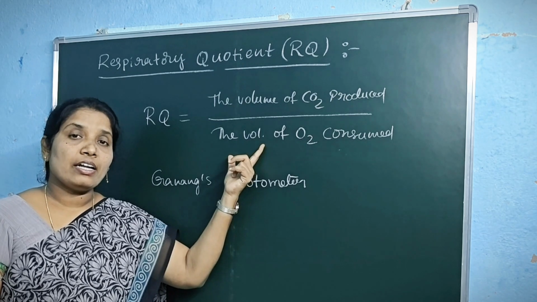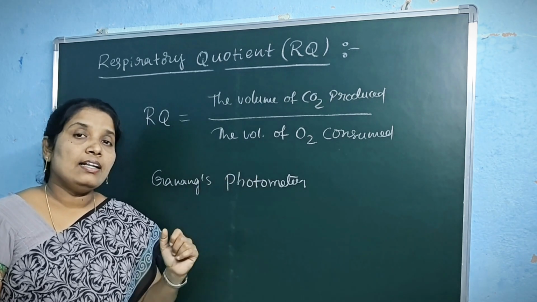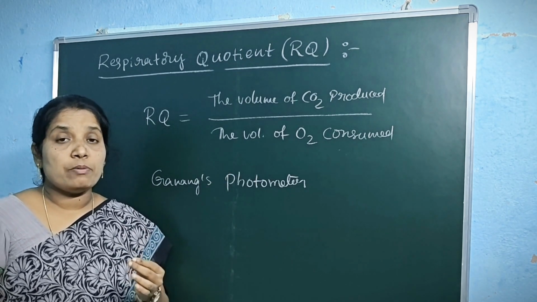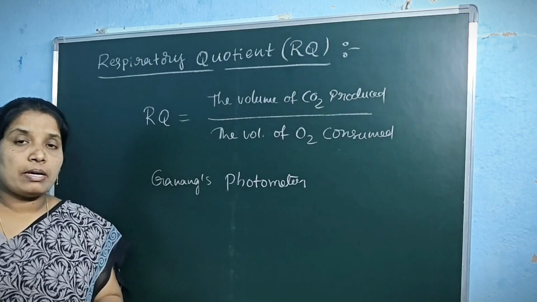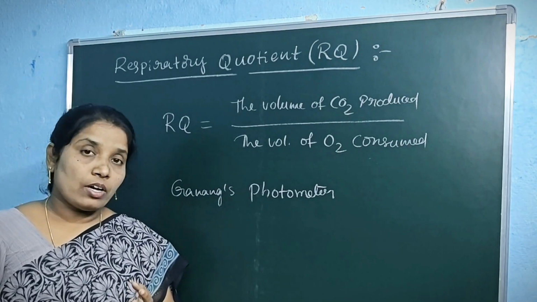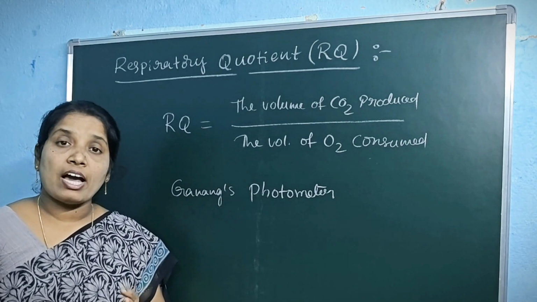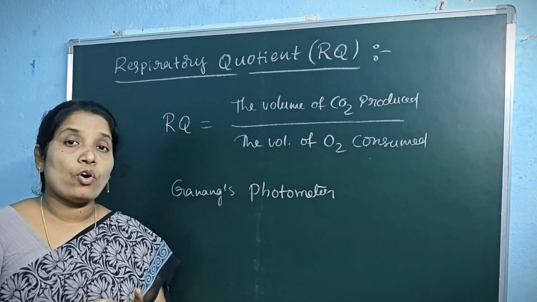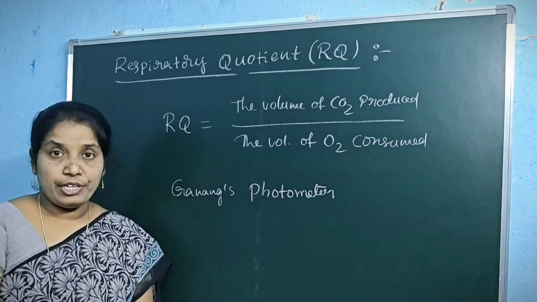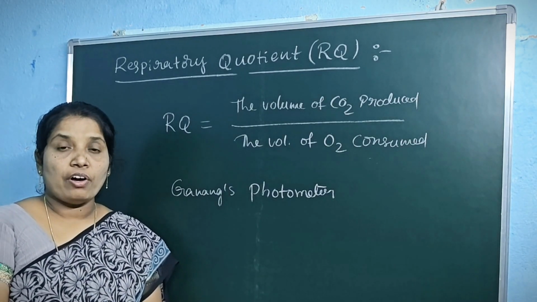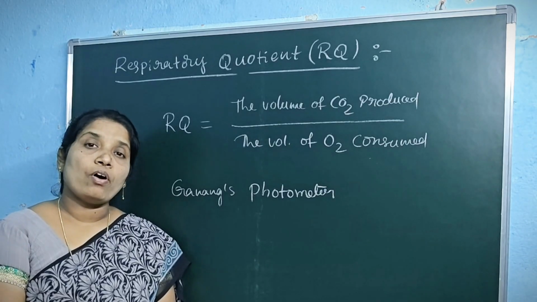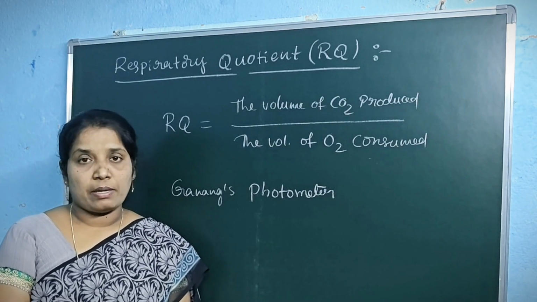So, by seeing the RQ value, you can tell the type of substrate being oxidized. Substrates can be carbohydrates, fats, proteins, or organic acids. The value of RQ of a tissue depends upon the type of respiratory substrate.